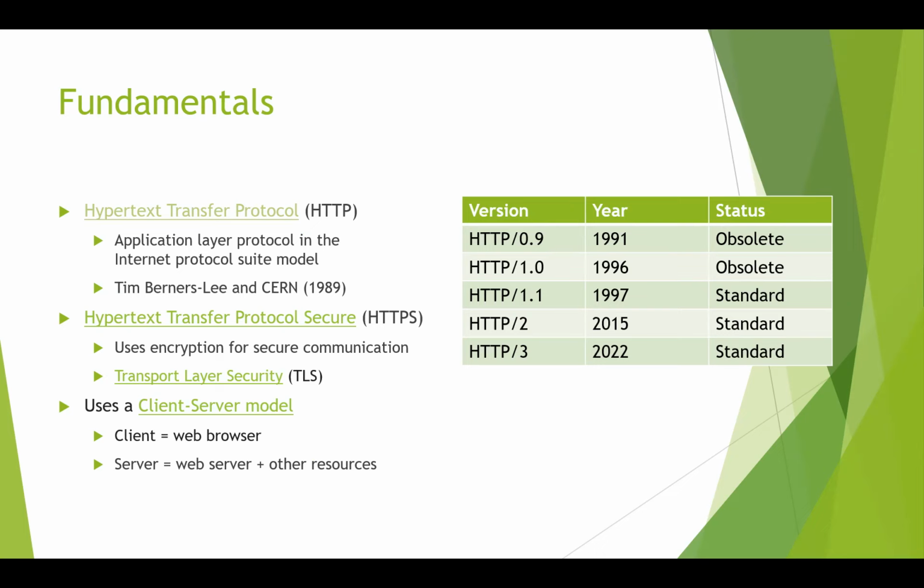Now, originally, it was designed by Tim Berners-Lee and CERN and originally released in 1989 or 1990, depending on what you use as the origin point. And again, it is meant to focus on the application layer of the OSI model. Now, there were a couple of versions that are now obsolete.